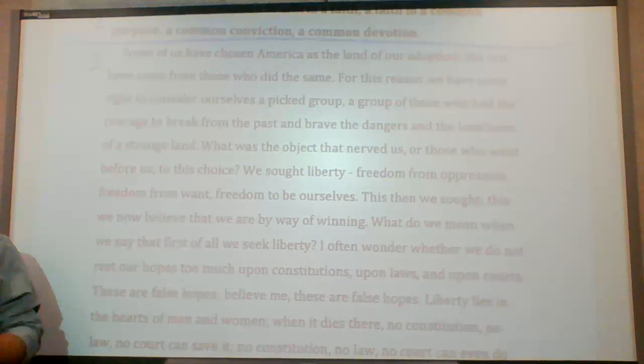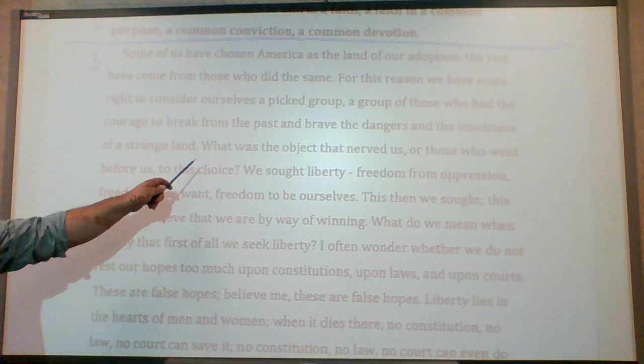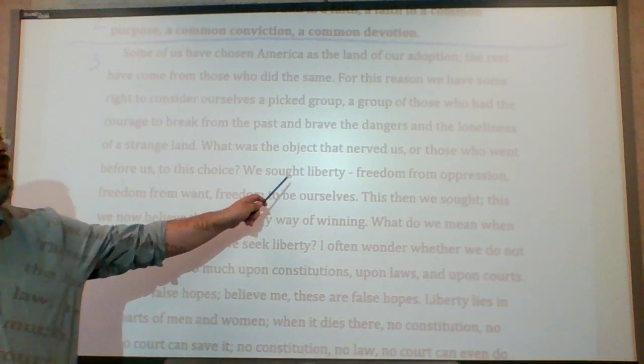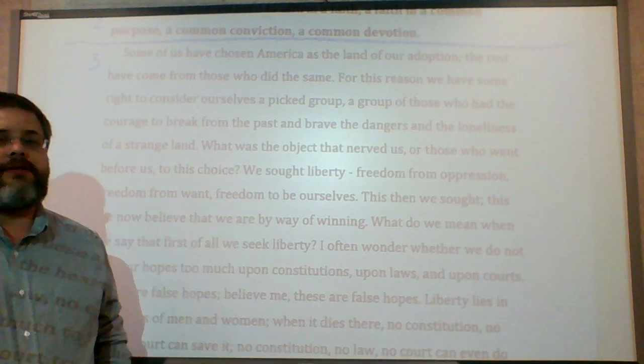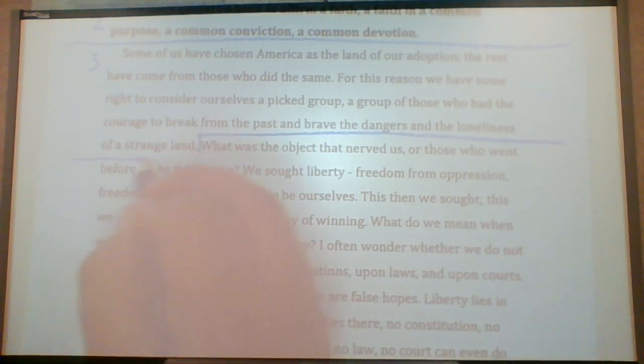I'm going to chunk the questions, but I want to keep the questions with the answer because we can see that this says, what was the object that nerved us or those that went before us to this choice? We sought liberty. I want to keep the question and the answer together. So in order to chunk that, I'm going to draw a line above the question for a new chunk.